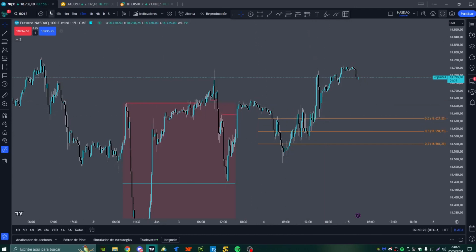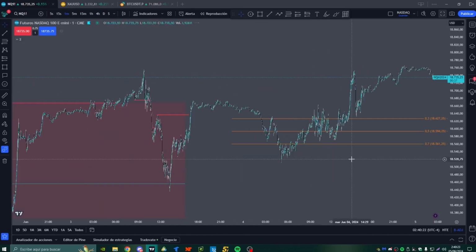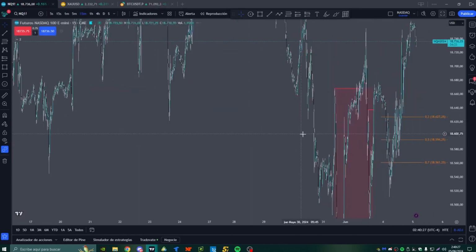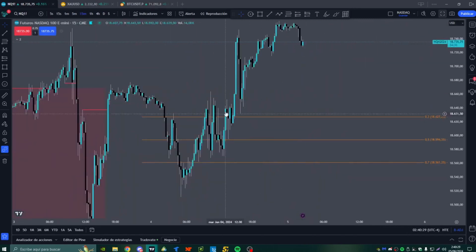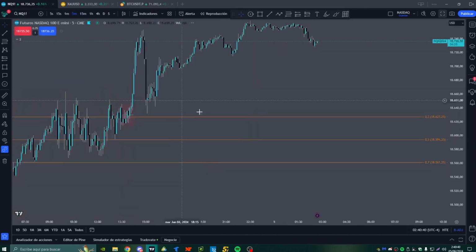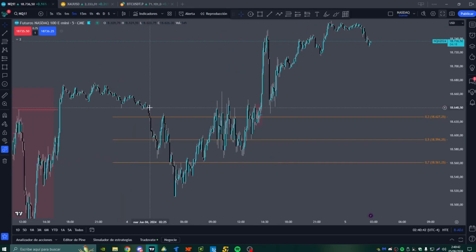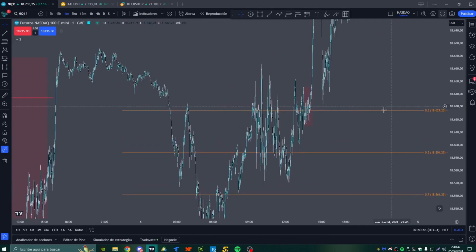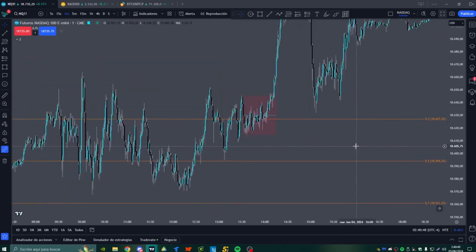We have that responsible one that is very clear there in 15 minutes without as much noise as it would be in 1 minute. We have that area there. I can take the entire area that contains it too and refine a bit where the structure changes again. Not in 1 minute.